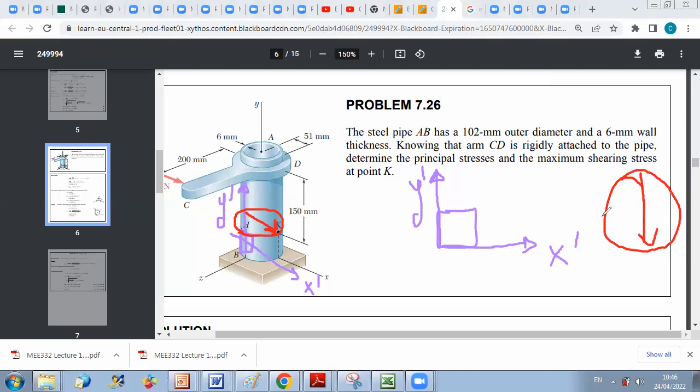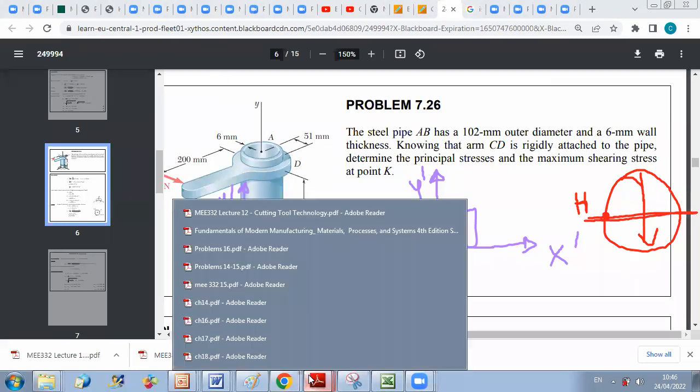And if I want to represent H, point H is here. This is point H. And then I know that point H is located on the neutral axis of my surface.